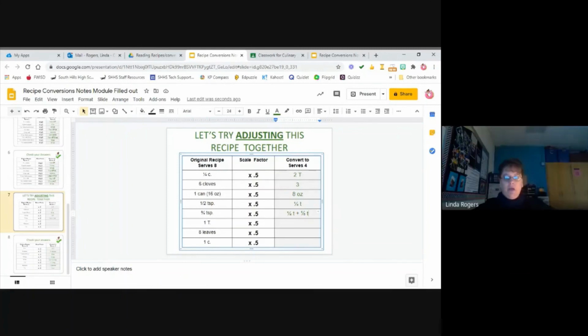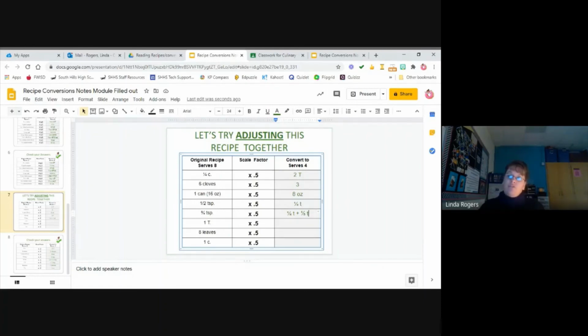Okay. So that one's kind of tricky. If it's in cups, like 3/4 of a cup, it makes it a little bit easier in that you can convert your cups into tablespoons. So 3/4 of a cup would be 12 tablespoons, because we know there's 16 tablespoons in 1 cup.